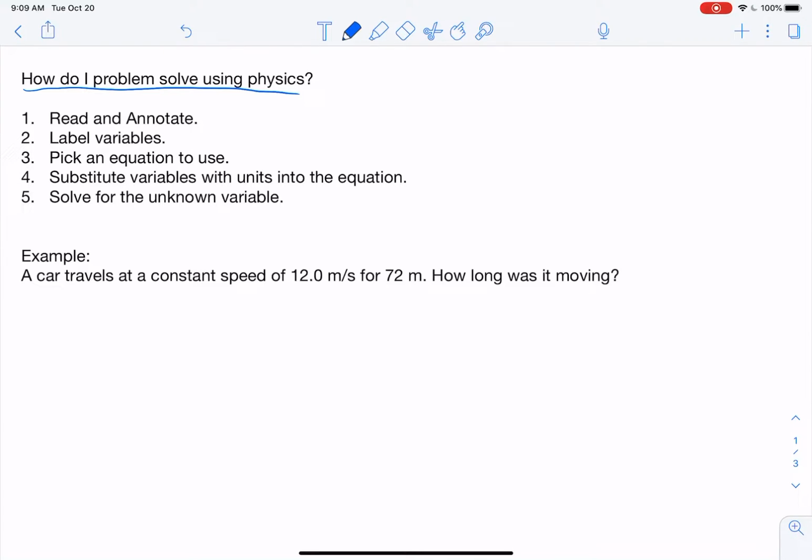So you're going to want to make sure you read the problem and understand and know what it's asking you to do. And when I say annotate, I mean a few things specifically. So you're going to underline key information. Key information can be numbers and units in the problem itself. It can also be key phrases.